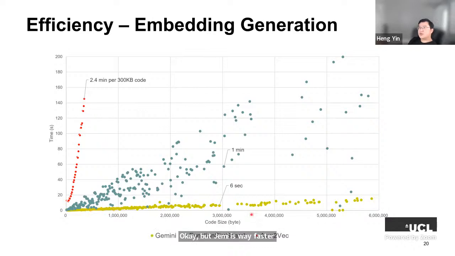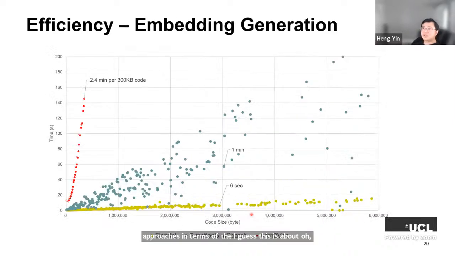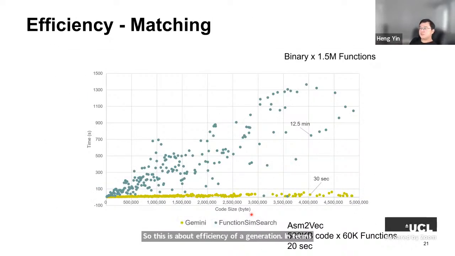So efficiency-wise, of course, Gemini beats the other two approaches. This is the efficiency of generation. In terms of the efficiency of matching, because ASM2Vec is quite slow, we cannot really draw these nice figures, so we only draw the figures for Gemini and function sim search. Again, Gemini is much faster than function sim search.